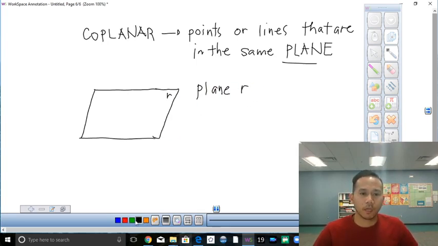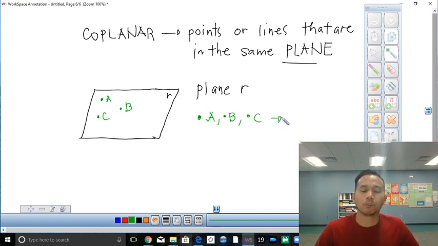So let us say I have here point A, point B, and point C. So your point A, I'll repeat, point A, point B, and point C, these points are coplanar points.